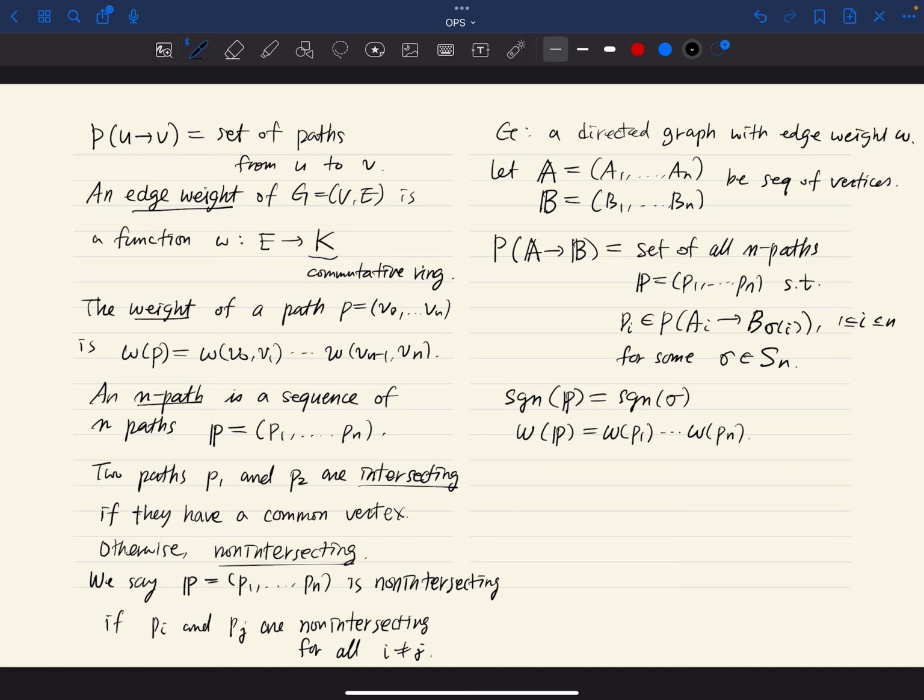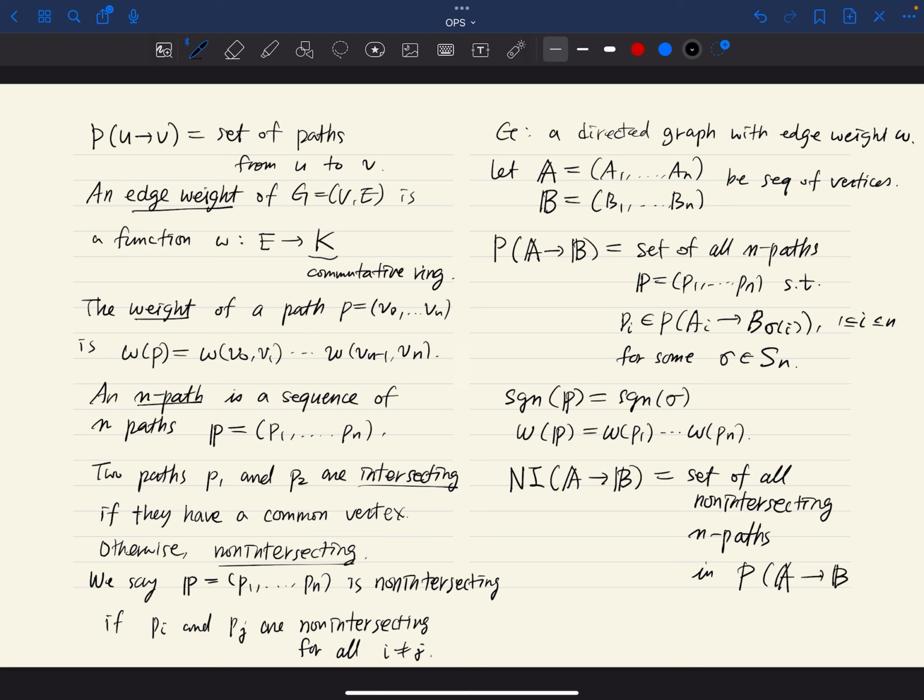Finally, non-intersecting A to B is the set of all non-intersecting n-paths in this set.